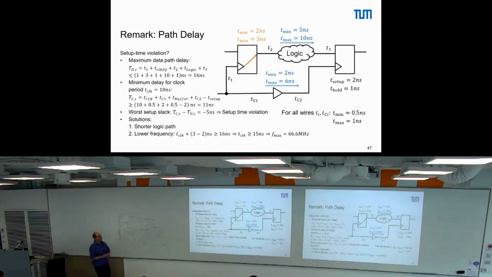I had here TCS, but that's not precisely what we have here, so take care: TCS minus TDS. TCS was defined as the minimum delay of the clock, minus the setup time, so we should effectively have minus T setup here.